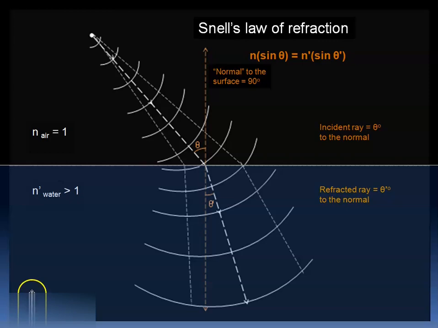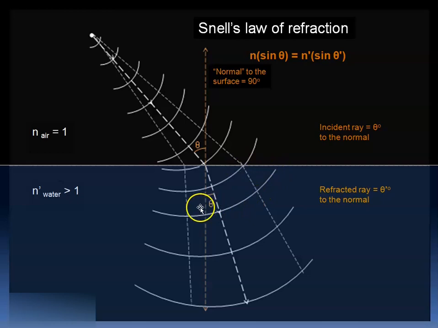Snell's law of refraction. In this slide we see how waves of light are moving forward and they encounter a boundary where air meets water. The index of refraction of water is higher than that of air. As a result, as the wavefront moves forward, the part that enters the water first slows down ahead of the part that enters later.